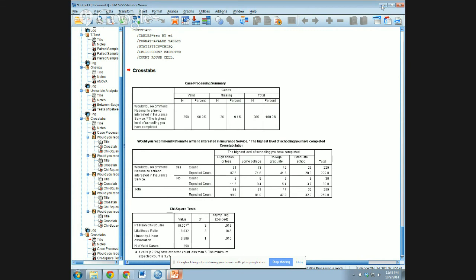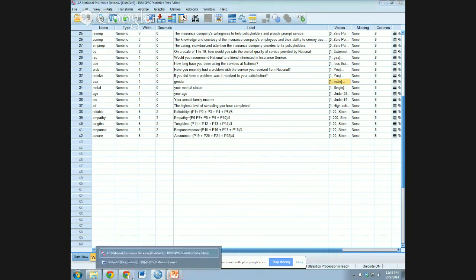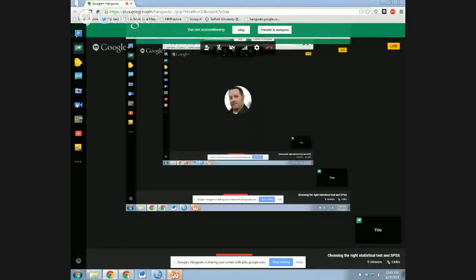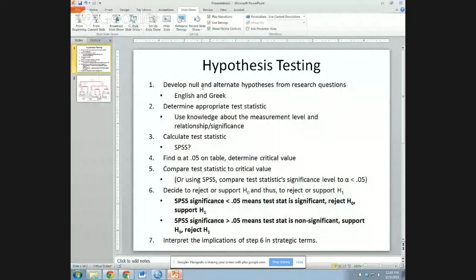Okay, so what have we done so far? Skip back. Okay, so we've looked at a couple of things, and the big things that we've looked at were these things. Let's share this screen back again. We've looked at developing the null and alternatives from the research questions.